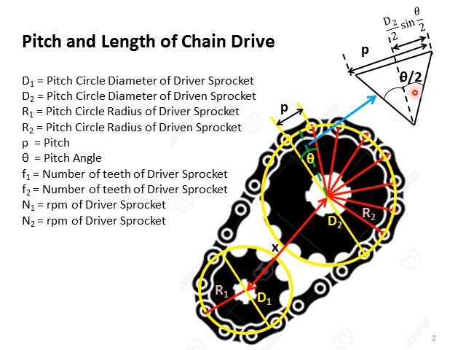And a very important thing that you can see here, the length from the center to the center of this hinge hole is D, and the length of half of the pitch is denoted by D2 by 2 sine theta by 2, and the whole pitch can be represented by 2 into D2 by 2 sine theta by 2, or in simple terms D2 sine theta by 2.